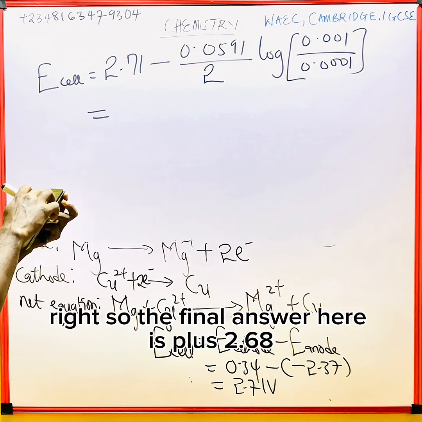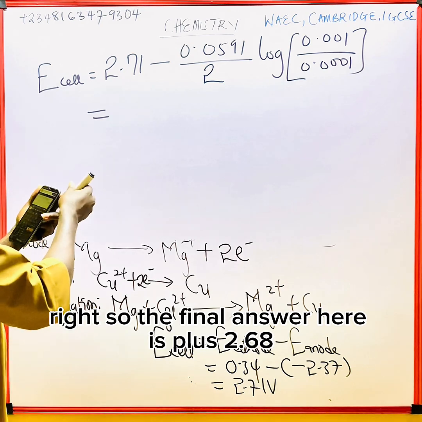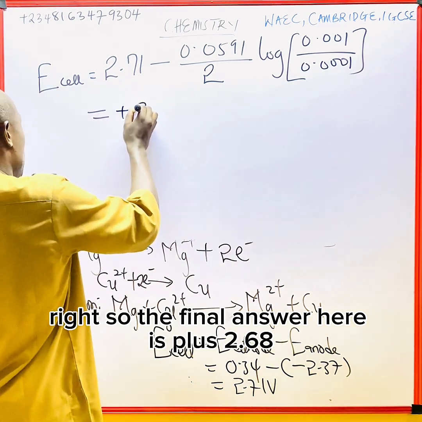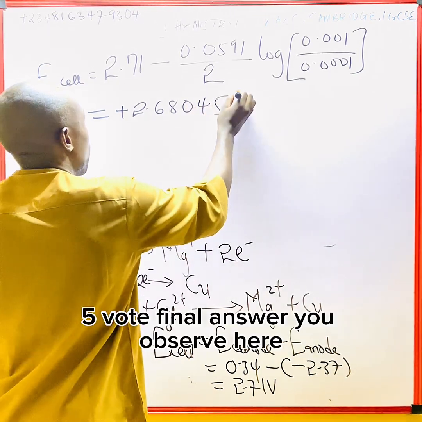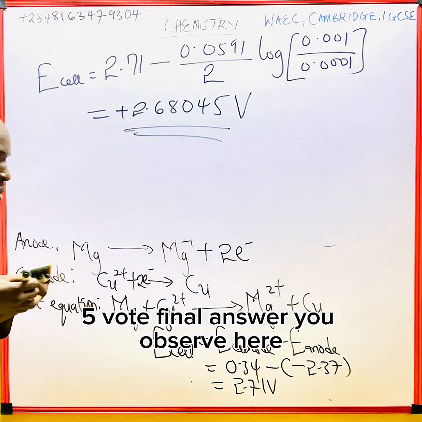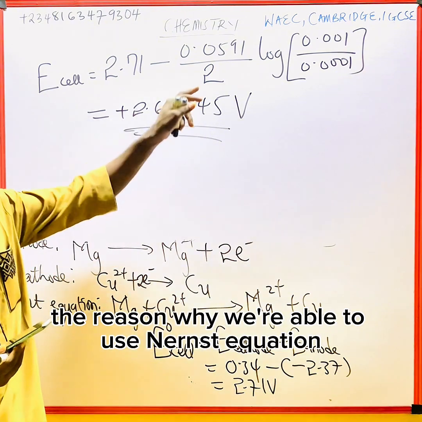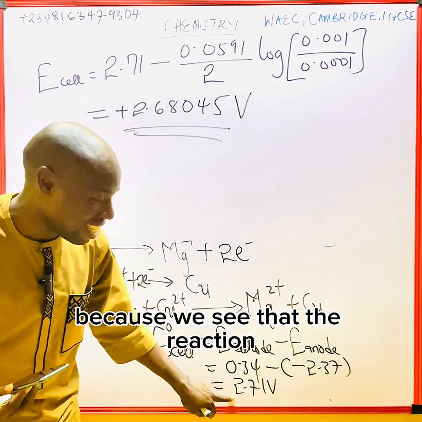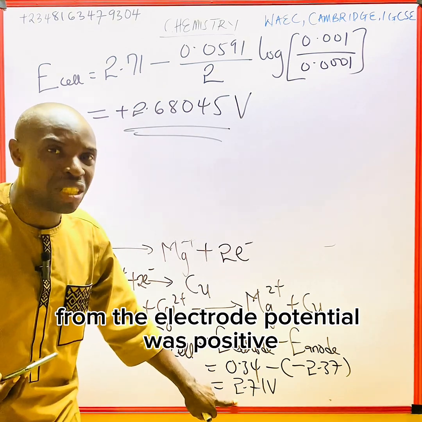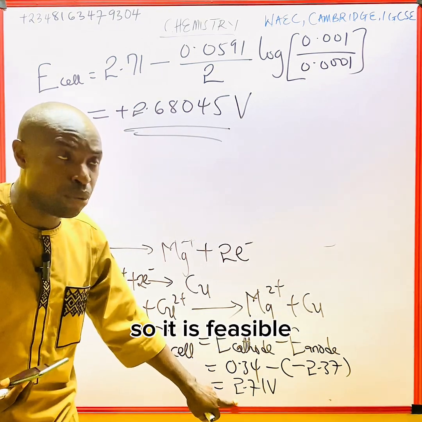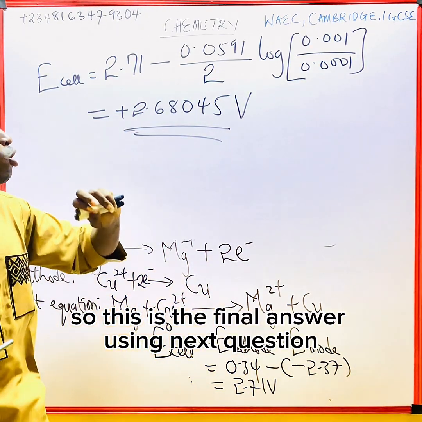So the final answer here is 2.68045 volts. You observe that the reason why we were able to use the Nernst equation was because the standard electrode potential was positive, so the reaction is feasible. This is the final answer using the Nernst equation.